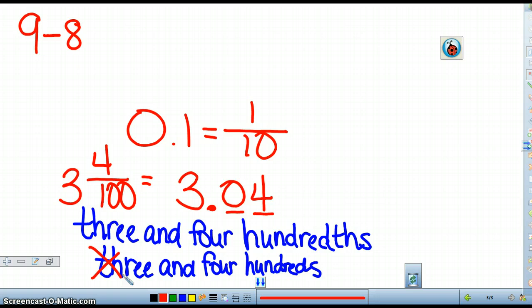Hundredths. Everything after the decimal point, everything to the right of your decimal point is always with a THS. So this here is not 3 and 1 tenths. It is 3 and 1 tenth. TH.